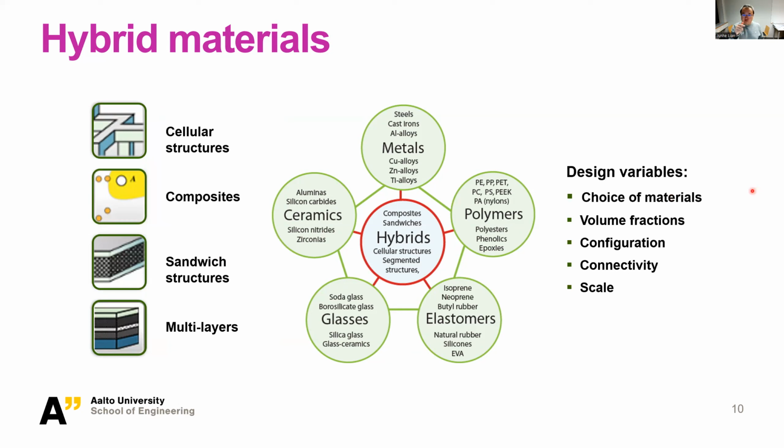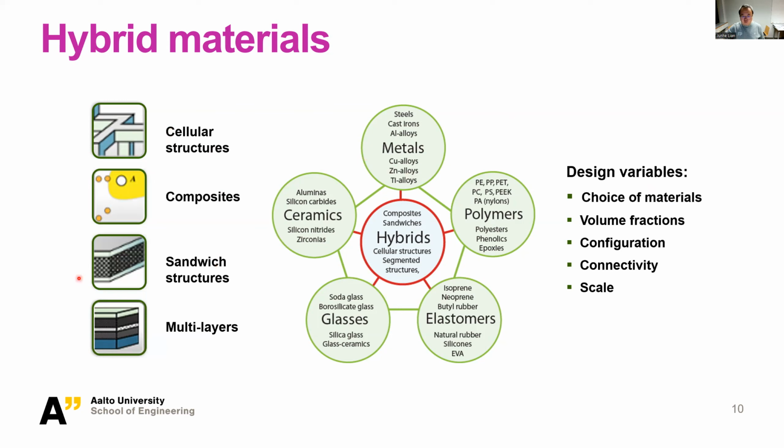In most cases, you are dealing with two or more materials in all the structures. So which types of materials would you like to choose? You want to choose copper fiber, or you want to choose aluminum and polymer, something like this. Then volume fractions: how much should I put of your two or even more materials into these new materials? Then configuration. Configuration means how you're going to design it, as a cellular structure, a composite, or a sandwich.